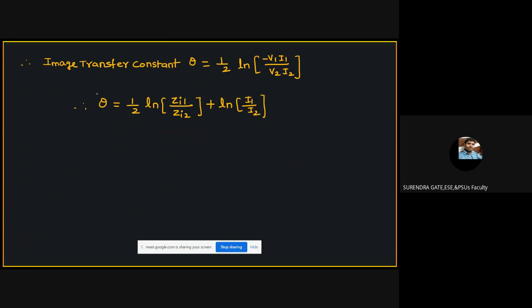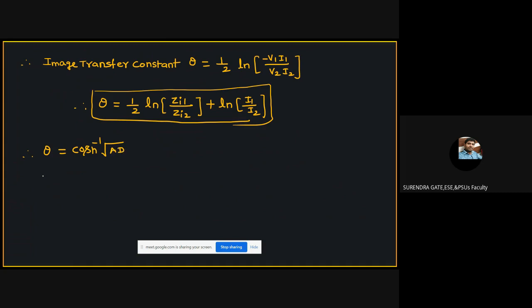Okay, this is the image transfer constant. Only by using image impedances and image transfer constant do we completely define the two-port network. Then we can also write theta equal to cosh inverse of square root of AD.